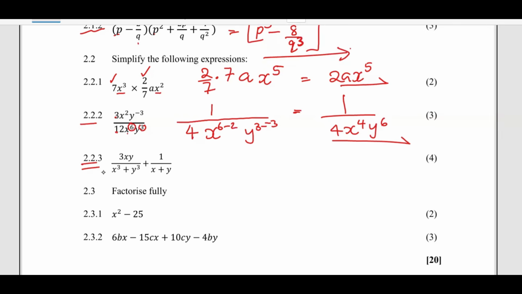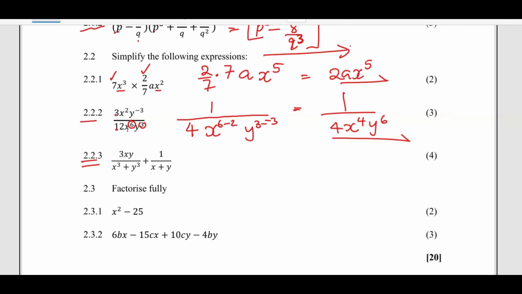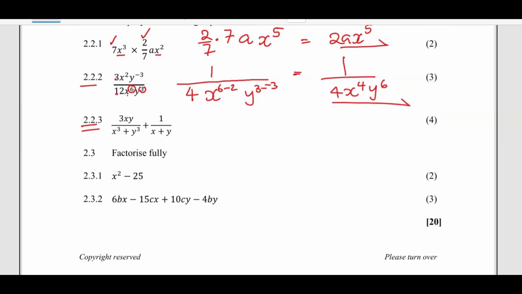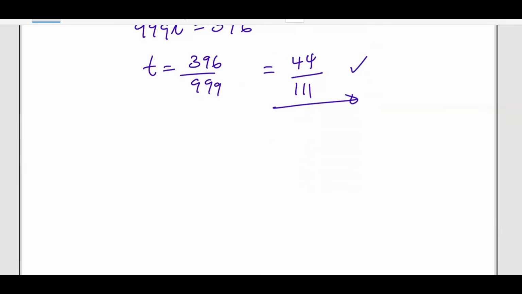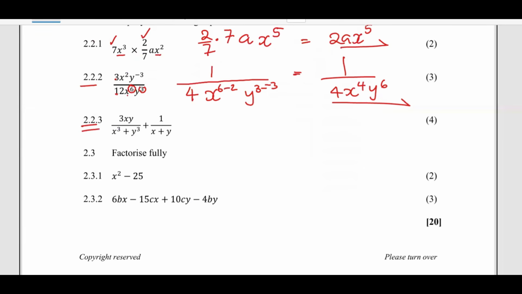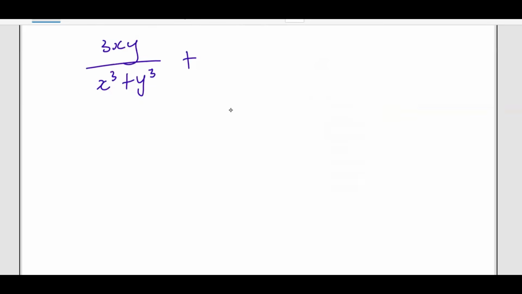Okay. And then 2.2.3, we have this fraction. Okay, so whenever we have fractions, factorization is the way. Okay, let me write it that side. We have 3xy over x cubed plus y cubed, but we are adding 1 over x plus y.